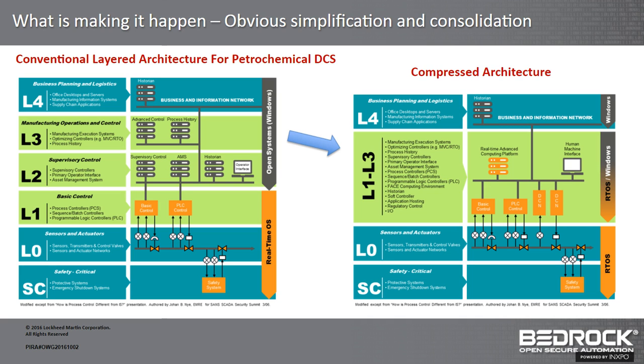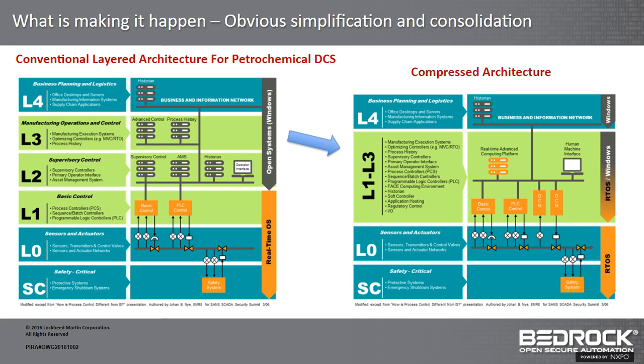Modern technologies around hardware, software, network computing enable dramatic simplification of a traditional Purdue model that you see on the left, or the ISA 95 model. This is 20 years old, and it was built for proper network and data segmentation with the best of technologies 20 years ago. Well, that doesn't necessarily make any more sense. And you can greatly simplify the network by combining these classic layers.